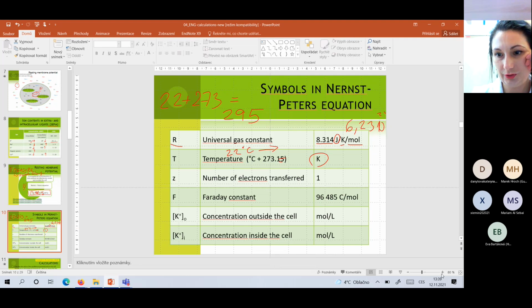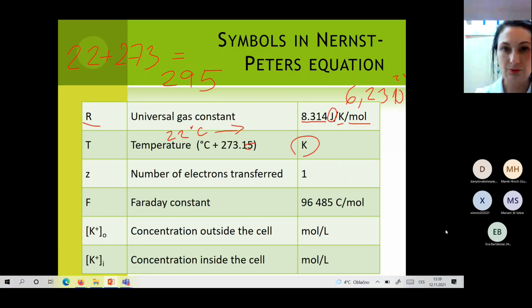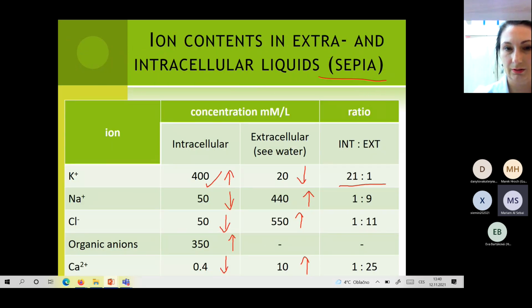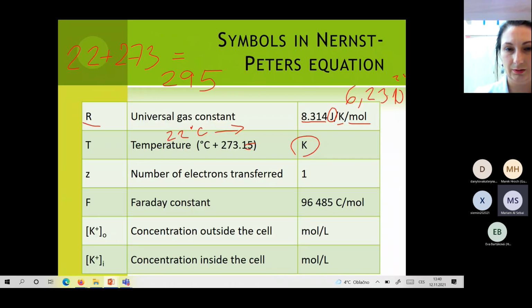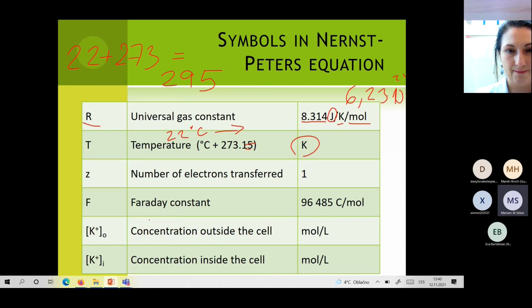So physiological temperature 37. So how to express it in kelvins? Just tell me the value. 37 plus, sorry, 273, and it's equal 310. Yes, very good.